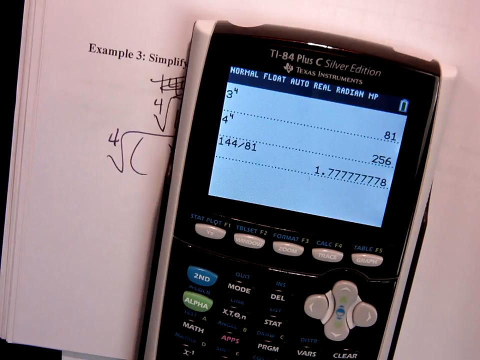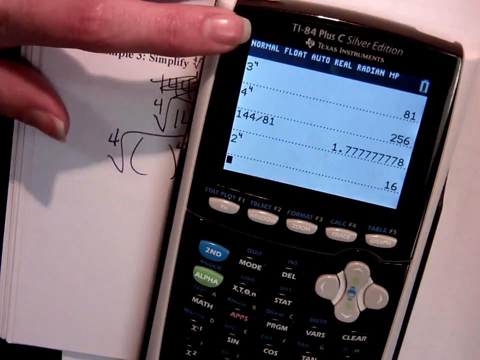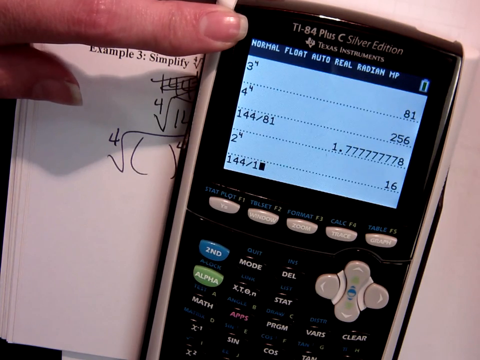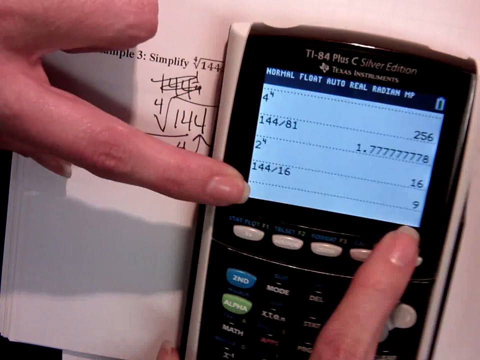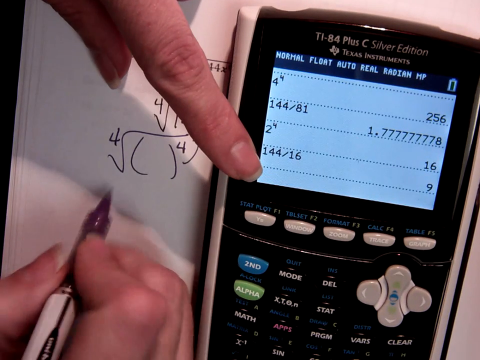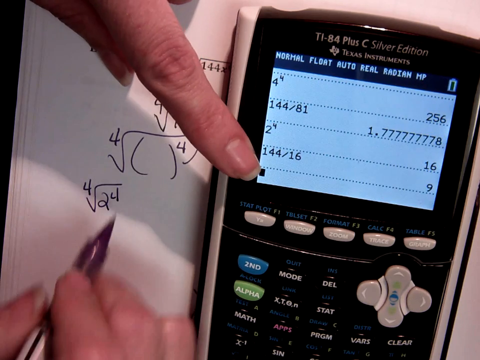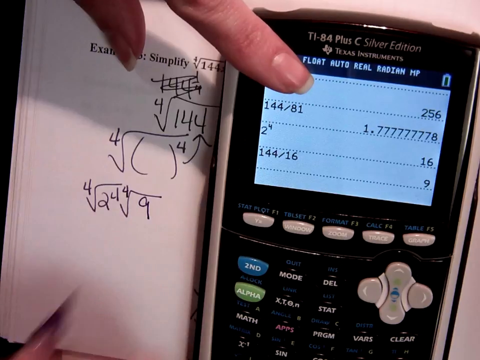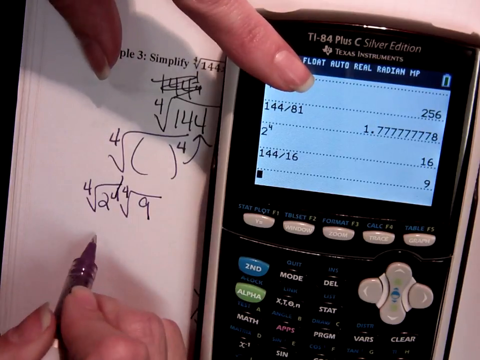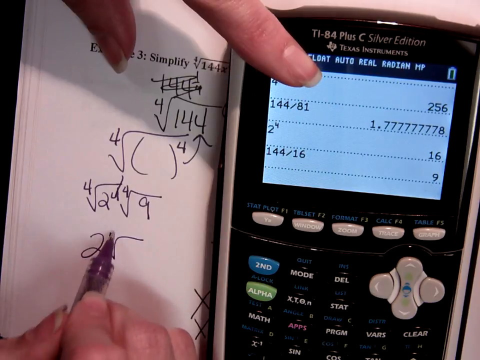So let's see what 2 to the 4th is. 16. Can I divide that out of 144? That works nicely. So we can take this 2 to the 4th, 4th root of 2 to the 4th, and the 4th root of 9, and this is 2 times the 4th root of 9.